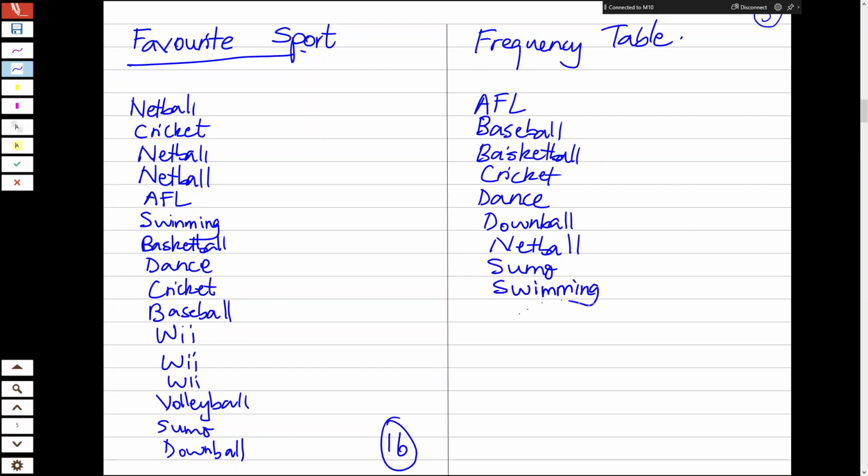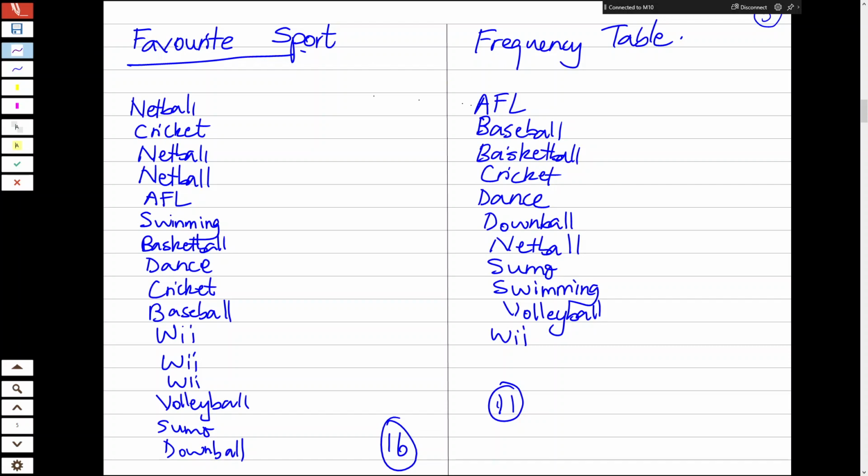Yep. Volleyball. Yeah, and then we. And then okay. So, how many categories do we have? 11. 11 categories. Okay, so in a frequency table, you're going to have one row for each category.